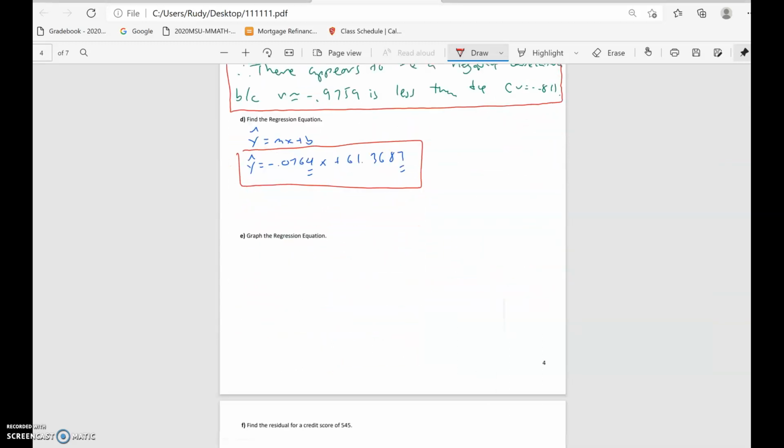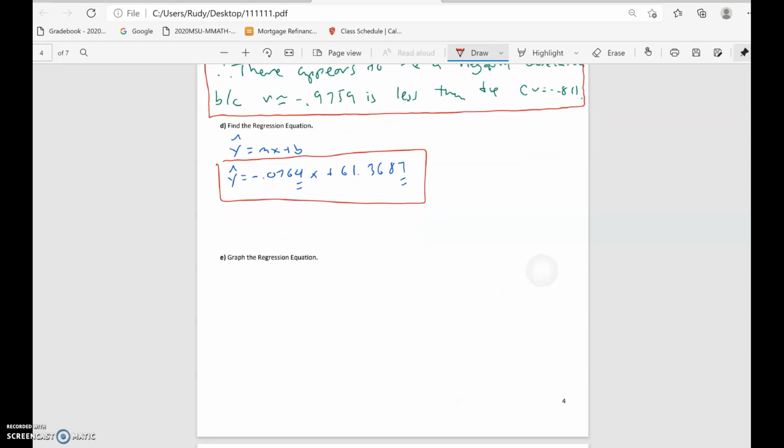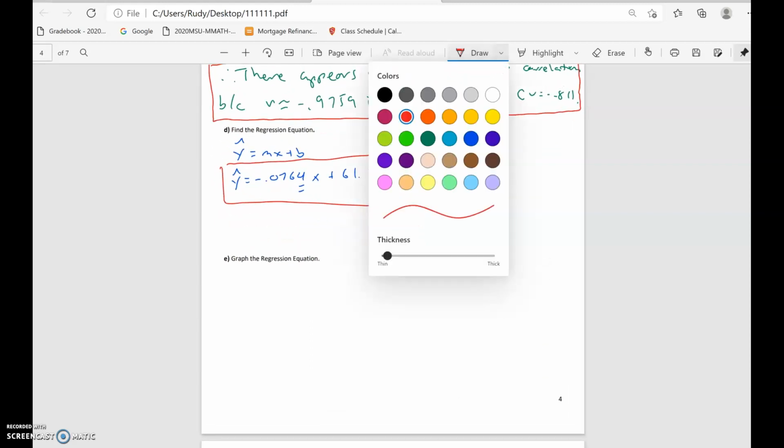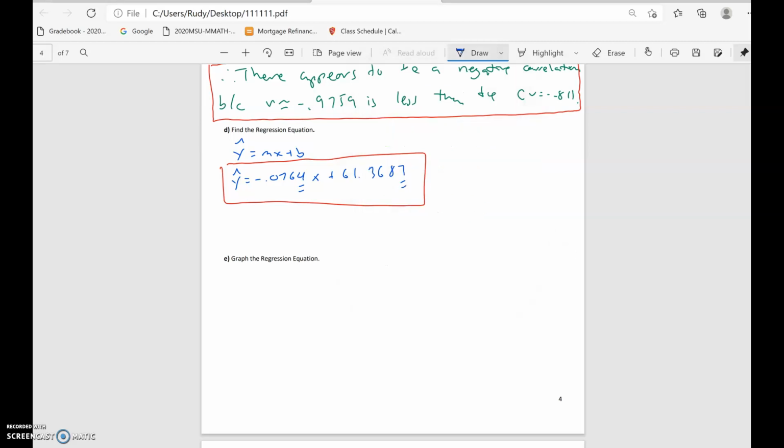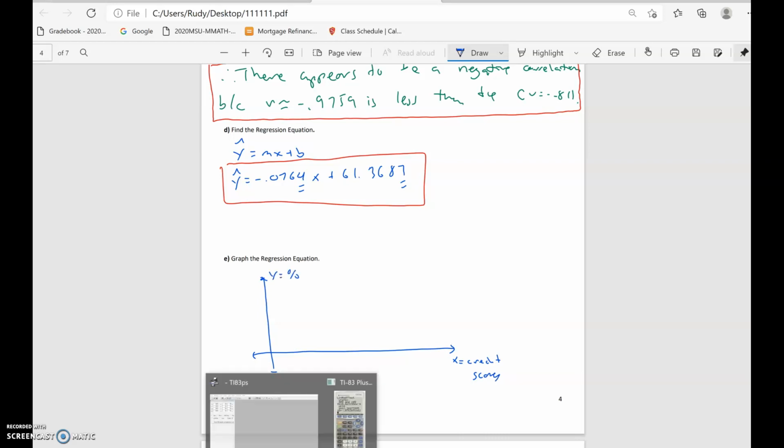The next step, it's going to look a little bit distorted for the graph of it, but we're going to use the calculator to retrieve coordinate points. And remember that the moment that we have units, you're not going to have anything going into the negatives. So x is equal to credit scores. Your y's represent percentage of interest rate.